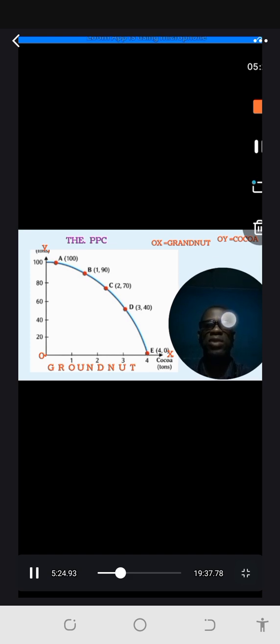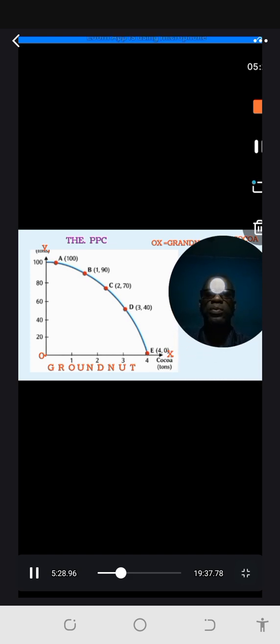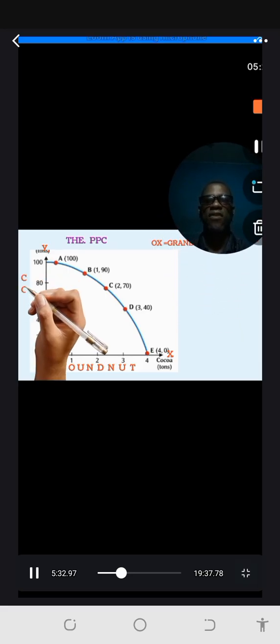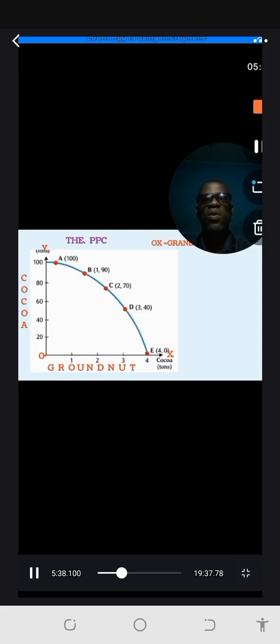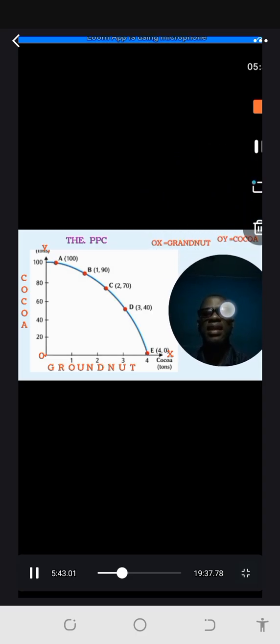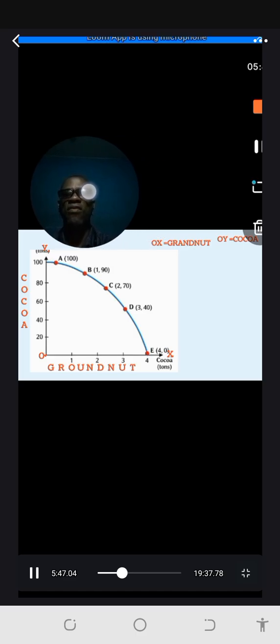And we get to that place and label it cocoa. That is, the x-axis is for groundnut, the y-axis is for cocoa. Now we are going to explain three important points in this production possibility curve.